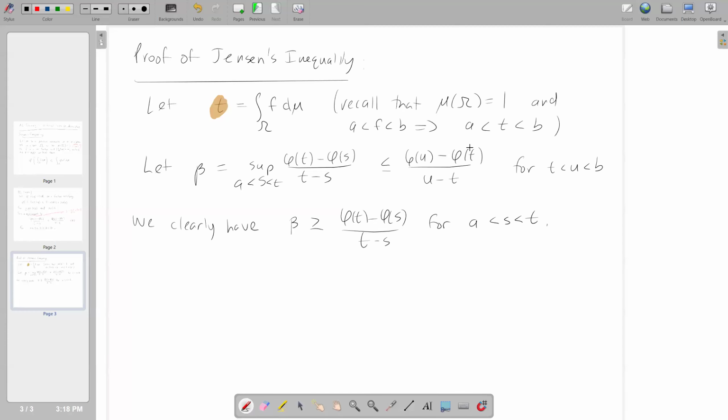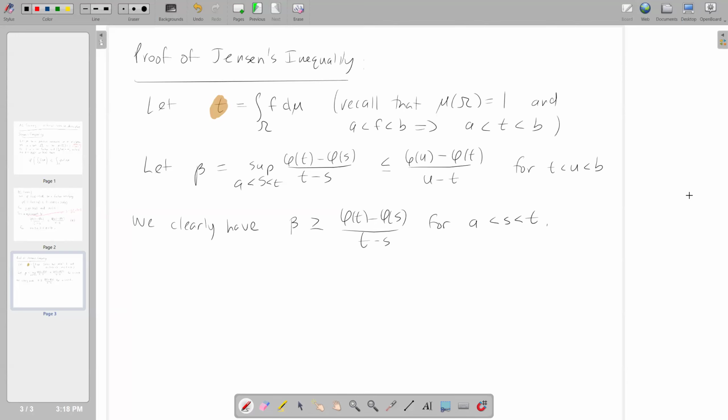But it's less than or equal to this because every one of these is less than or equal to every one of these. So if I take a supremum, it has to still be less than every one of these. Okay? So now we have these two inequalities.